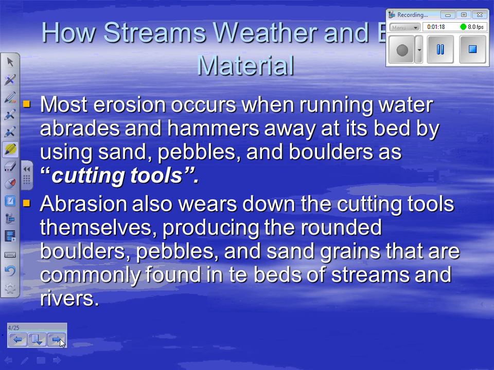Most erosion occurs when running water abrades and hammers away at its bed by using sand, pebbles, and boulders as cutting tools. Abrasion also wears down the cutting tools themselves, producing the rounded boulders, pebbles, and sand grains that are commonly found in the beds of streams and rivers.